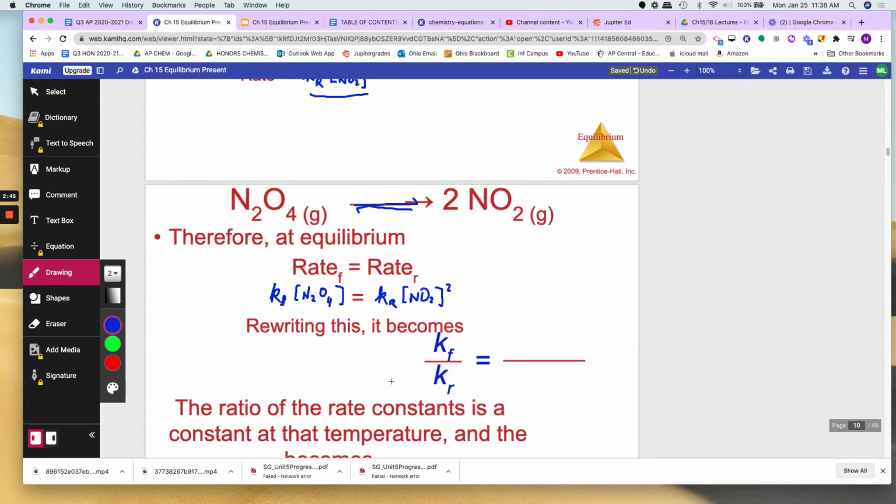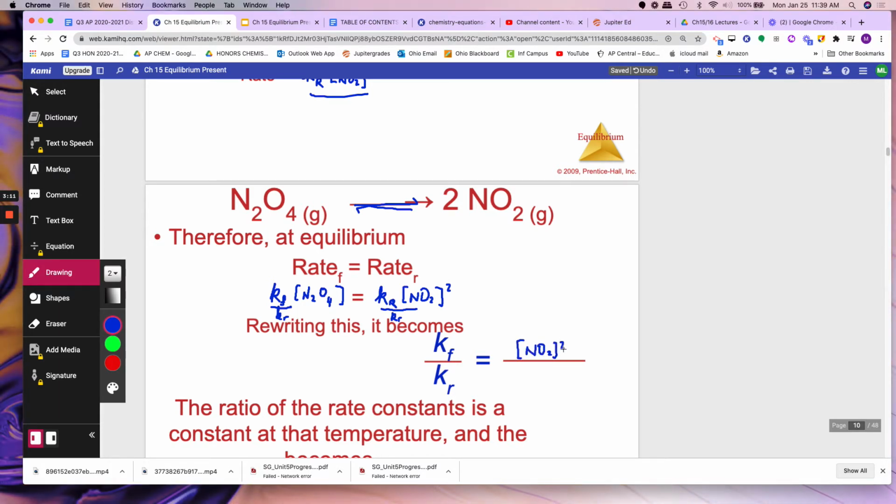Rewriting this, we're going to put the K's to one side. So we're going to divide Kr on both sides. So this cancels. Now we're going to divide by N2O4 and put it on the other side. So now we have NO2 squared over N2O4.